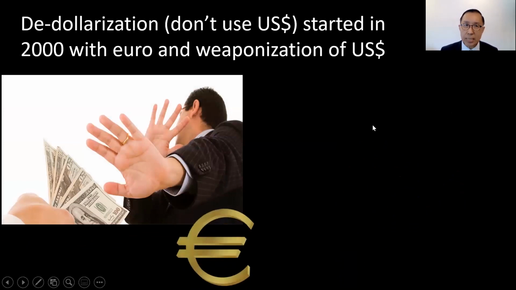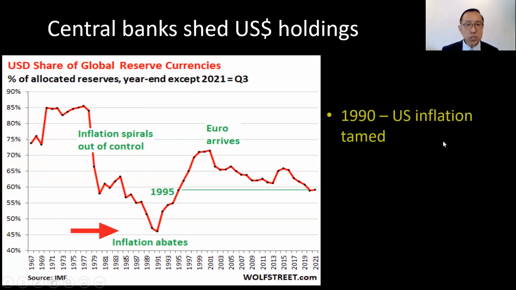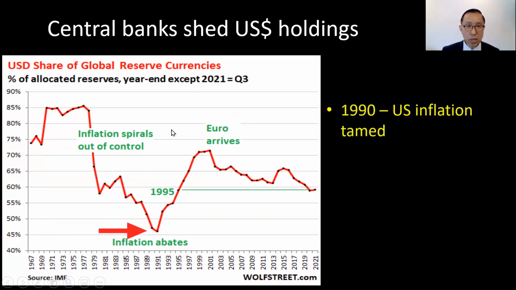The other factor is de-dollarization, which started in the year 2000 with the introduction of the euro and the weaponization of the US dollar. This chart shows the share of US dollar among global central banks. As you can see, the last peak was in 1975 at 85%, and then it's been falling ever since, right to the bottom in 1990.